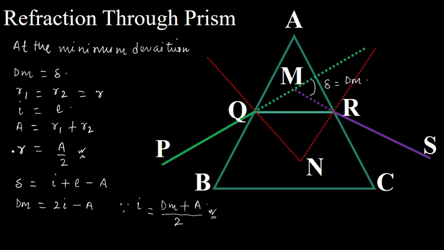Now we have the value of angle of refraction as well as angle of incidence of the prism. Now we have no problem to find out the expression of refractive index. For this we recall the second law of refraction of light, that is also known as the Snell law.